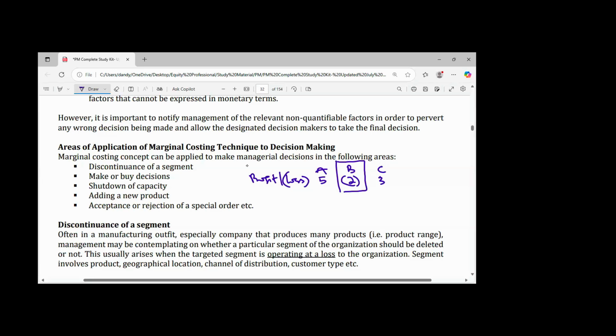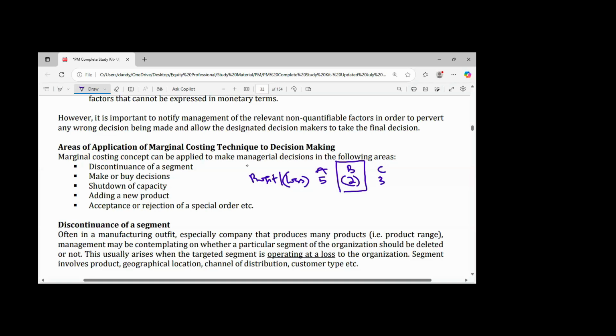I'm telling you, that's the only reason that makes management think about closing it down: the segment is operating at a loss. Because at times in a question, the examiner may not give you the income statement that will show the profit or loss. The examiner will just tell you to advise whether the company should discontinue the segment or not.